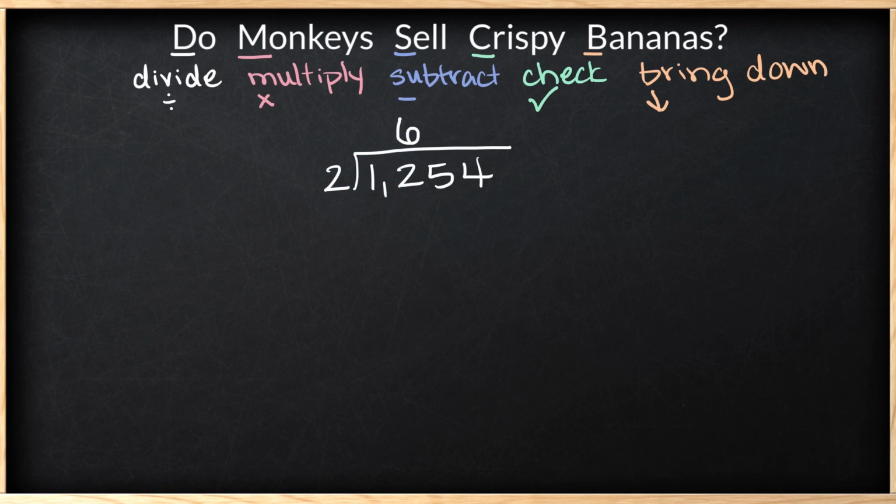So we know now our next step is to multiply. So I'm going to multiply my 6 times 2. I know that 6 times 2 is 12. Make sure to line it up correctly under the right place value.